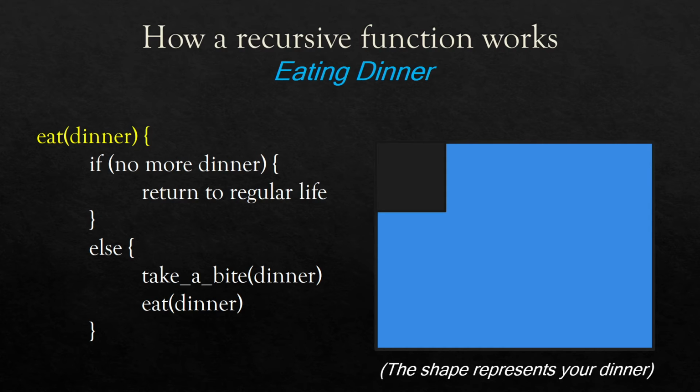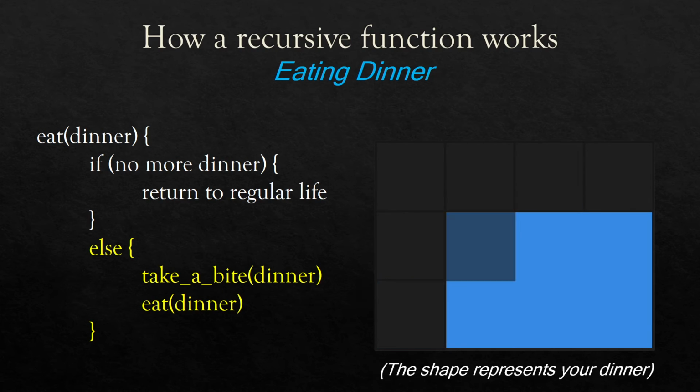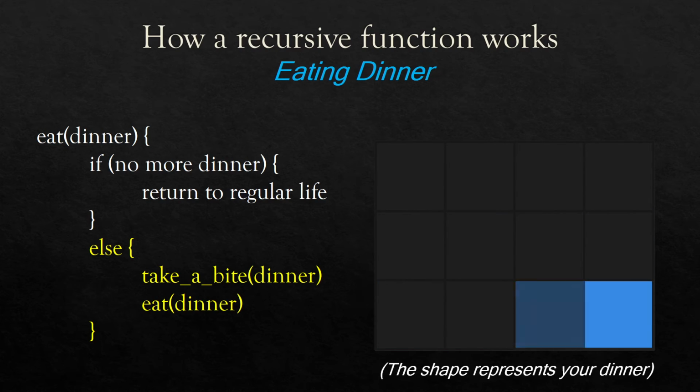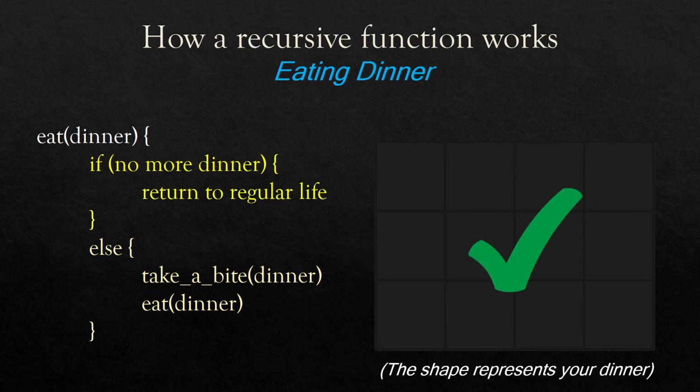So it's going to do the same thing for the rest of it. Then we keep running these things as my dinner gets eaten: take a bite, eat the dinner, take a bite, eat dinner. Now there's no more dinner. Now the function will end, right? Because I'm not calling eat dinner anymore. So that is the end of that.